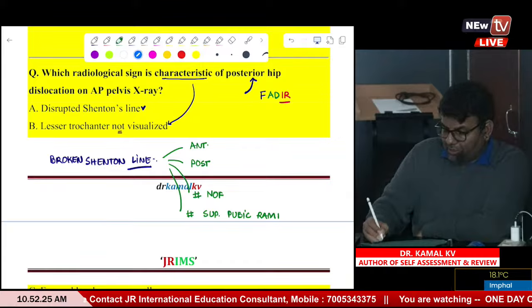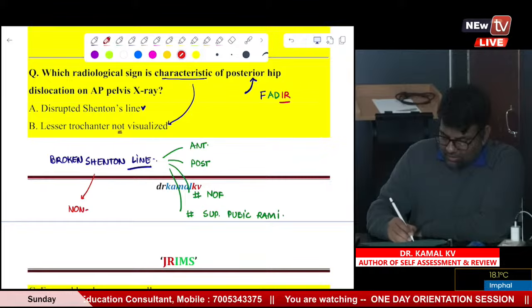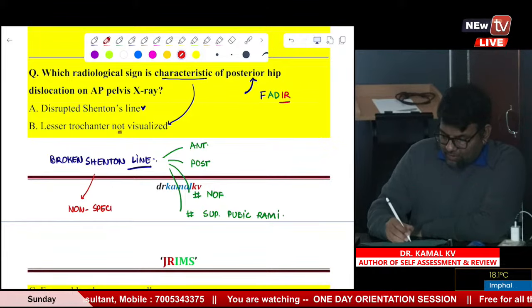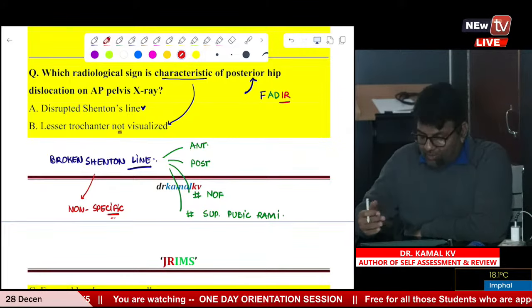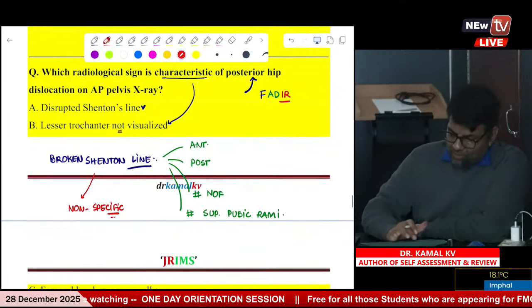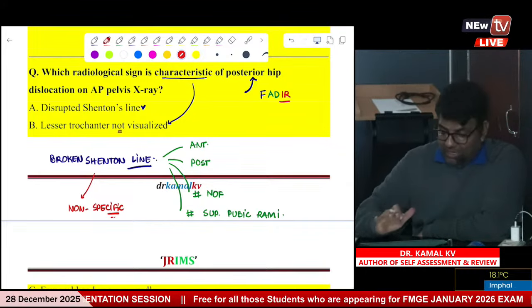So therefore I told you before that it is non-specific. Clear? It does not relate to one particular condition. So though it is seen in posterior hip dislocation, it will not be the answer here.